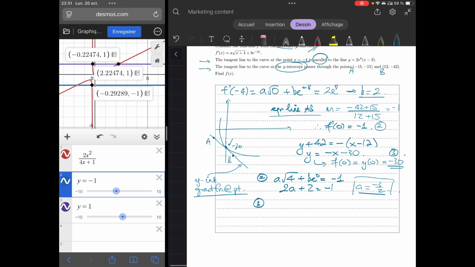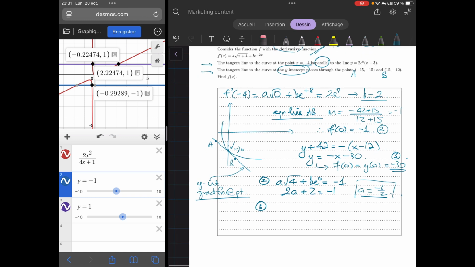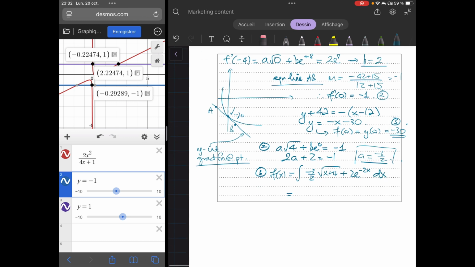Third piece of information. We're given f prime, now we want to find f. So we need to integrate. Integrating the first term is not too bad. Integrating the second term, you just need to remind yourself of the reverse chain rule.